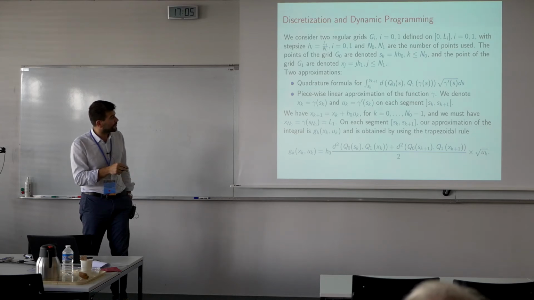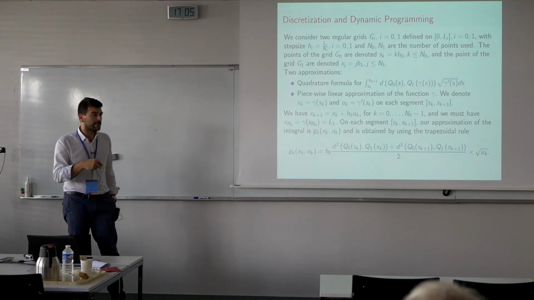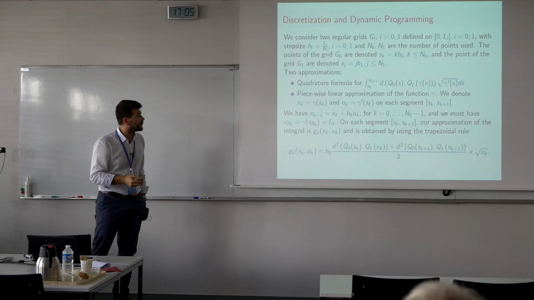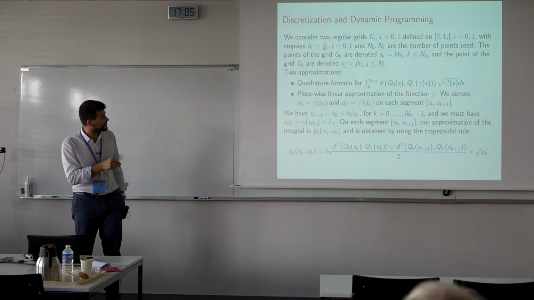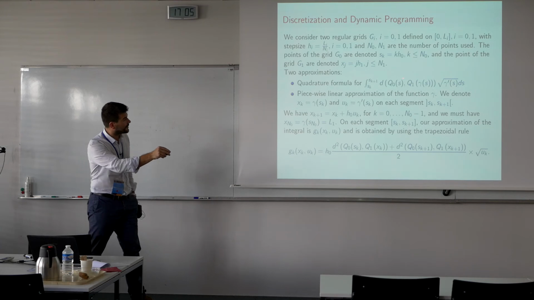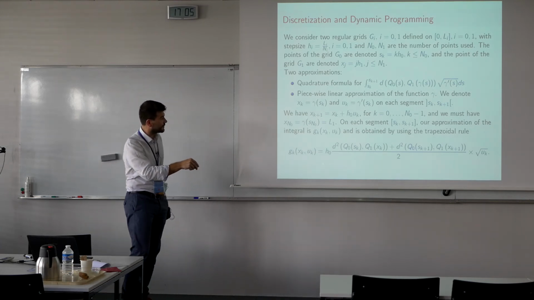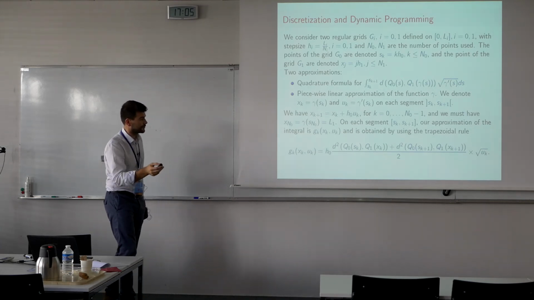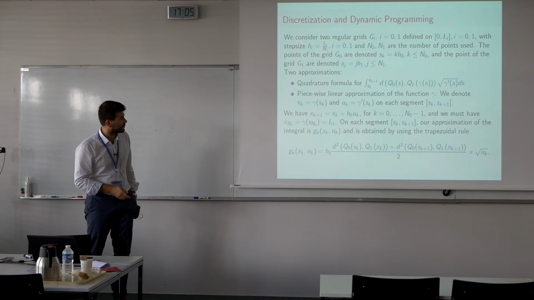You need to approximate the quadrature formula for that part, and then we use only a piecewise linear approximation of the function for gamma. Meaning that if xk is the value of gamma at the point sk, we have this following recurrence equation. And we replace this integral here by the trapezoidal rule, which is really simple to implement.